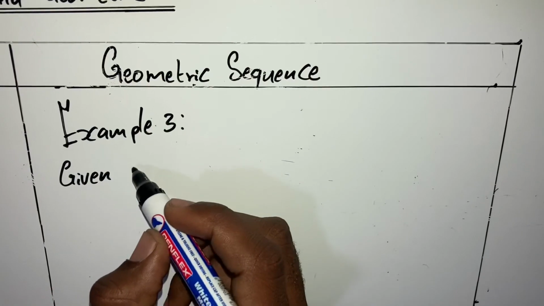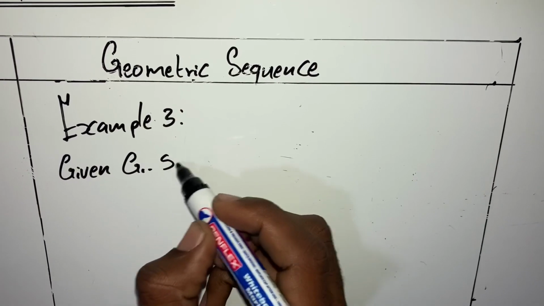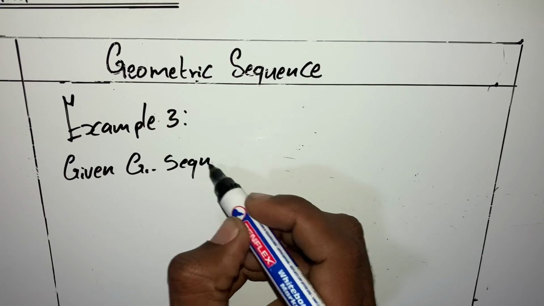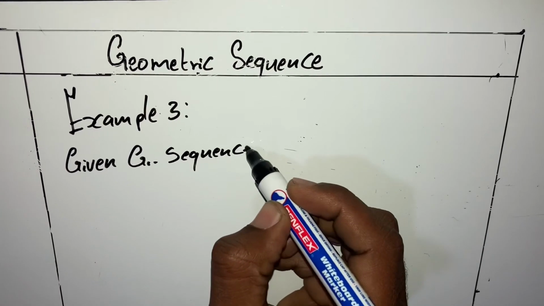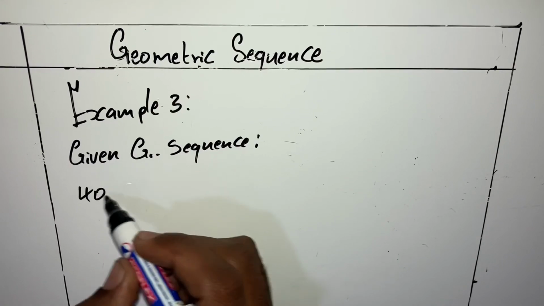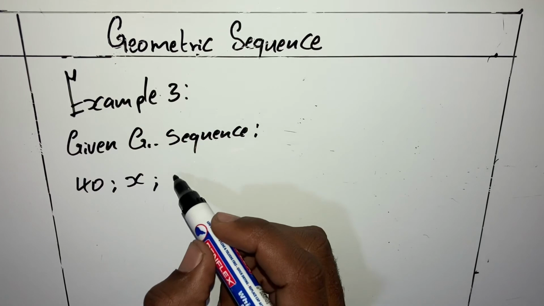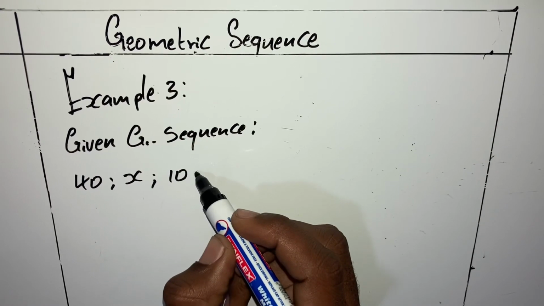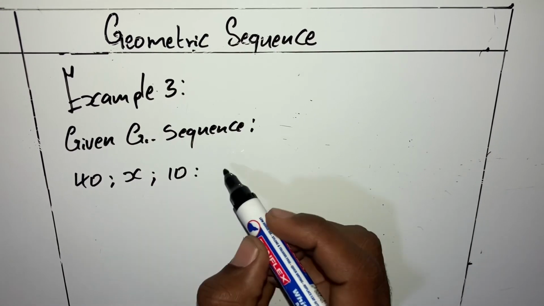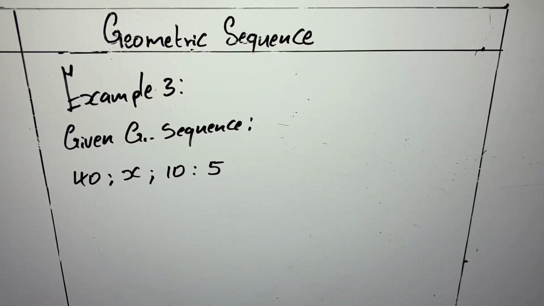Given a geometric sequence 40, x, 10, 5.